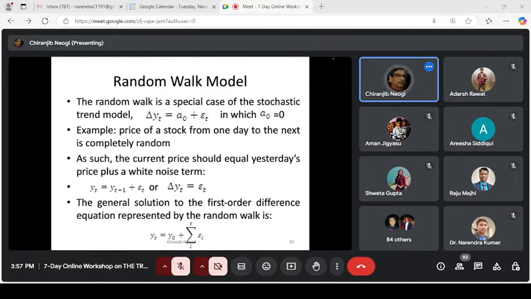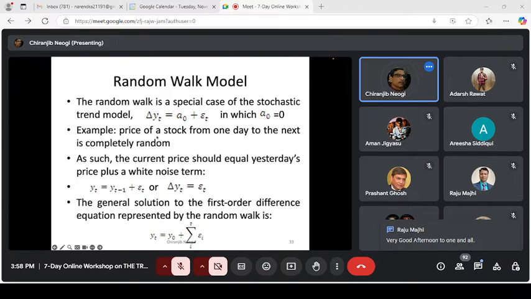It is a non-stationary process or non-stationary series. We call it a random walk model. Now, suppose the stochastic trend model is like this: delta yt is equal to A0 plus epsilon t, in which A0 is equal to 0.